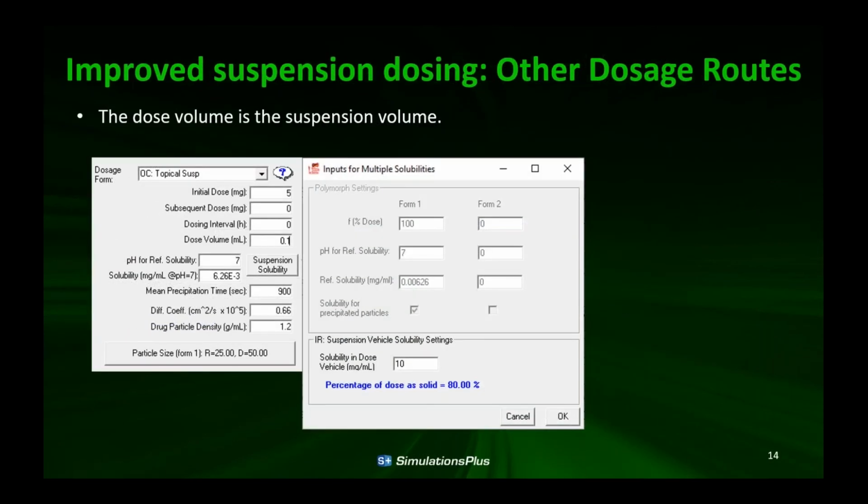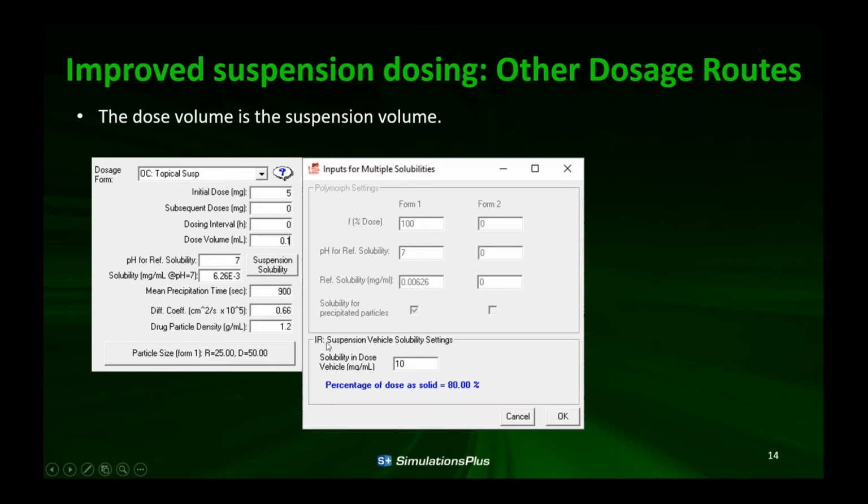For other dosage routes, we also incorporate this function for improved suspension dosing. But for other dosage routes, we will treat the dose volume as the suspension volume. So this example shows the ocular topical suspension, where the initial dose is 5 milligram and the dose volume is 0.1 milliliter.